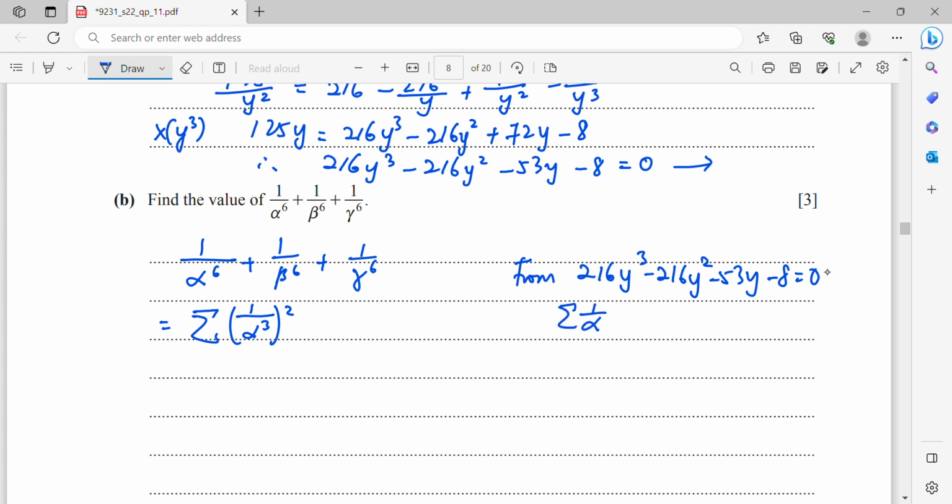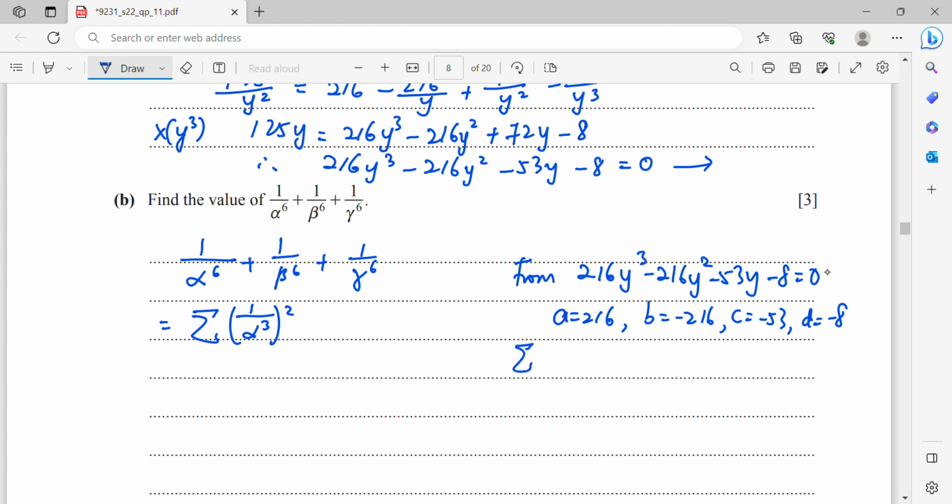Summation 1 over y cubed, because the roots are y cubed, I mean the 1 over alpha cube, it will be minus b over a. Okay, so now let me do step by step. My a is 216, my b is negative 216, my c is negative 53, d is minus 8.